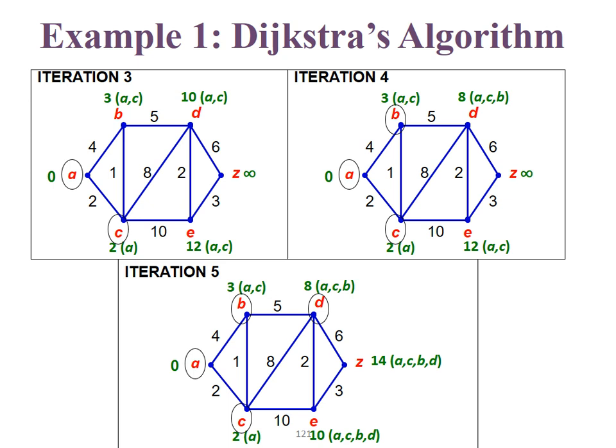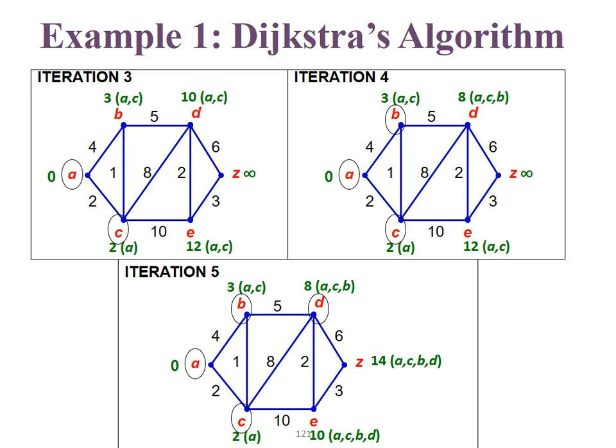Now we can see what happened to vertex C. Okay, so we can see, although we have ABC set, but only C can reach E. So we don't have to update because there's no change.